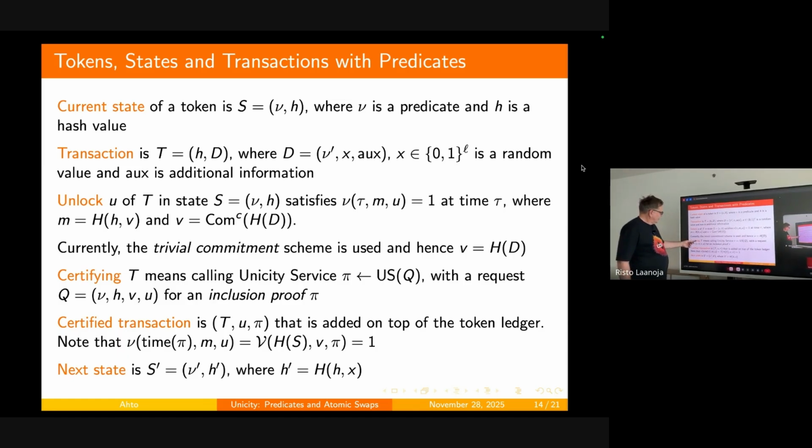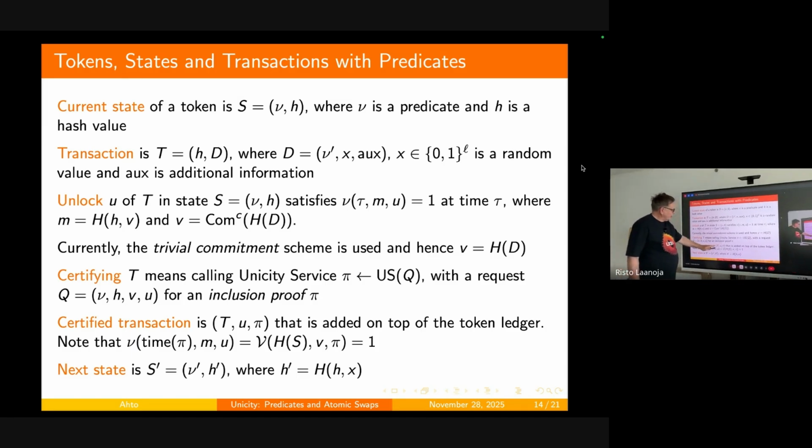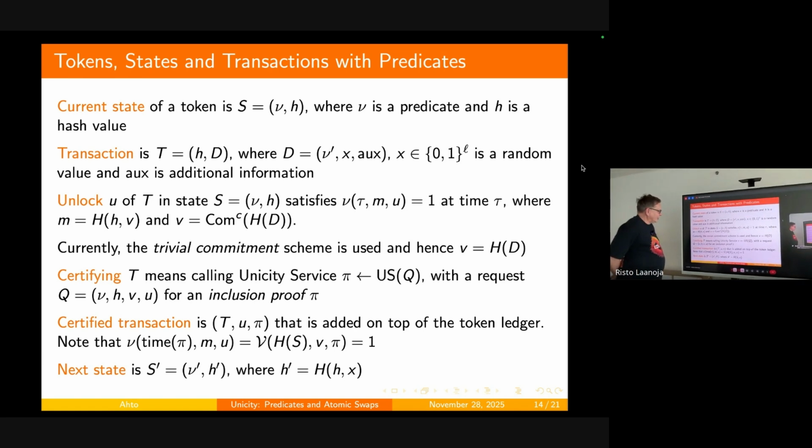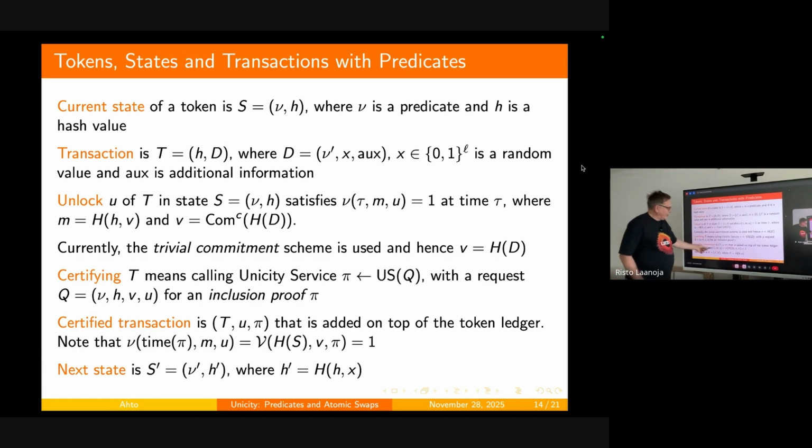We have to certify the transaction, and we have to send a request to the Unicity service. Now the request contains not just a public key, but in general a predicate. We do this, we get the inclusion proof, and we create a certified transaction, which now consists of the unlocking script, not just a signature. And if everything is done properly, we have this kind of verification identity.